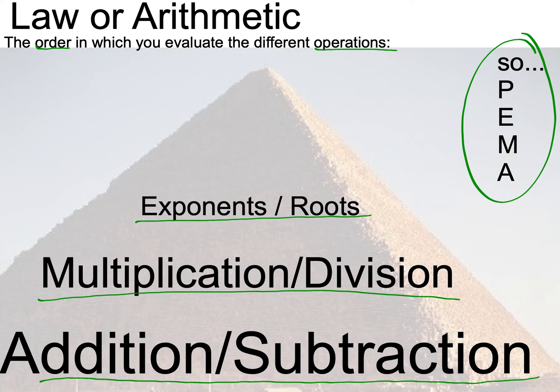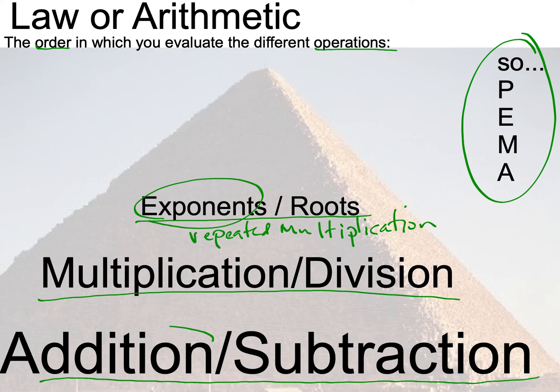Now, the reason that when you're doing the order of operations you would do exponents first is because exponents are repeated multiplication. So if you have a bunch of repeated multiplication, you would do it before the rest of the multiplication. It's like you took a bunch of multiplication and packaged it as exponents.